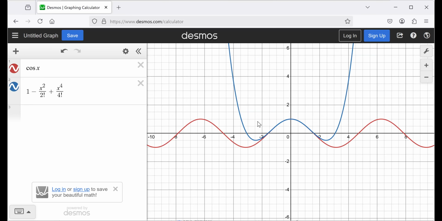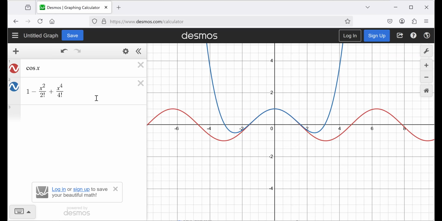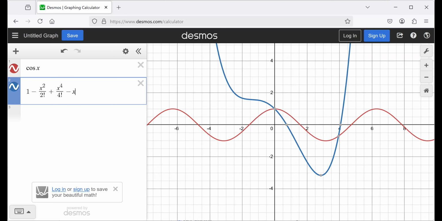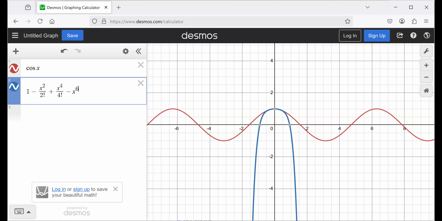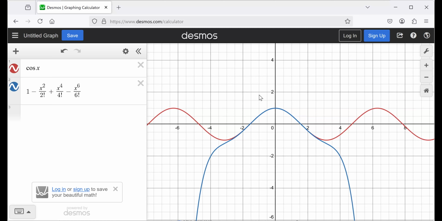We increase the degree. Again, we'll see where this comes from, although you might already recognize the pattern. It's an alternating polynomial with the even terms, so the second, fourth, sixth power over the factorial, 2 factorial, 4 factorial, 6 factorial.